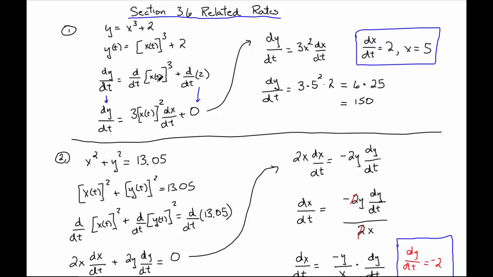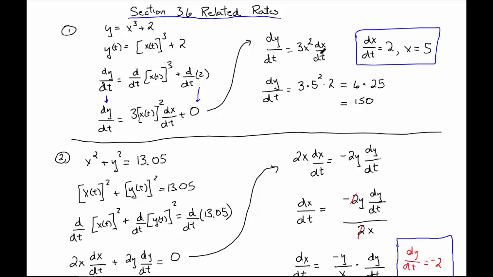But then, by the chain rule, it's times the derivative of the thing that was on the inside. So if we shorten this then, it looks like dy dt equals 3x squared multiplied by dx dt.